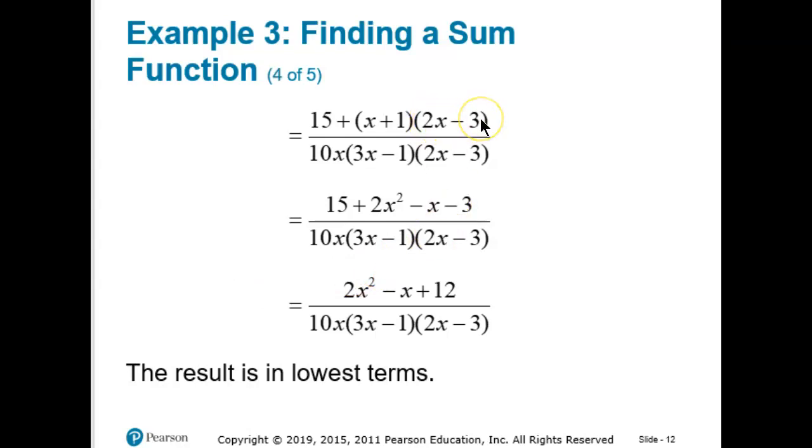Once you multiply out the numerator, add 15, combine like terms, but the denominator was already in its most simple form, so you can leave that alone. Remember, do not cancel this. This cannot be canceled because you have an addition sign here. So when it's all multiplication, you can cancel, but when there's addition or subtraction, you cannot.